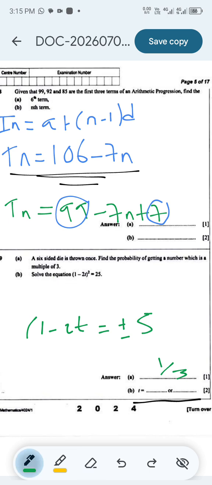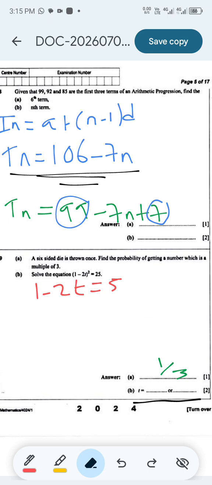We have this one which is saying 1 minus 2t is equal to 5. And then another one is going to be 1 minus 2t is equal to negative 5.